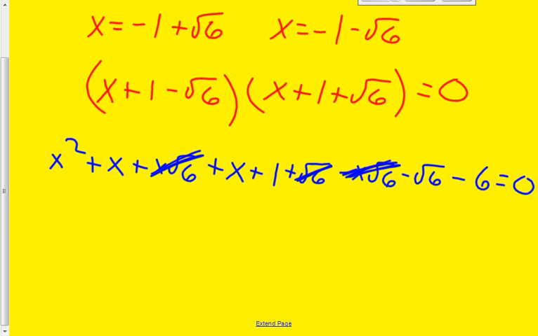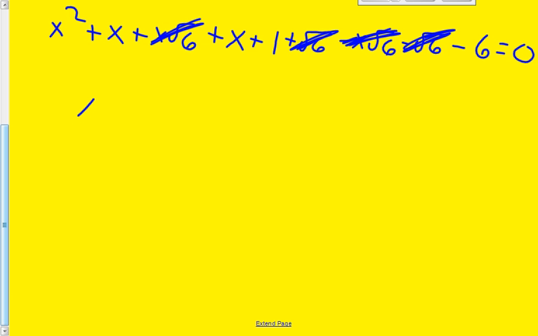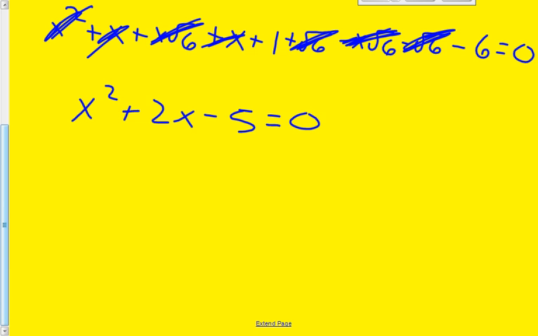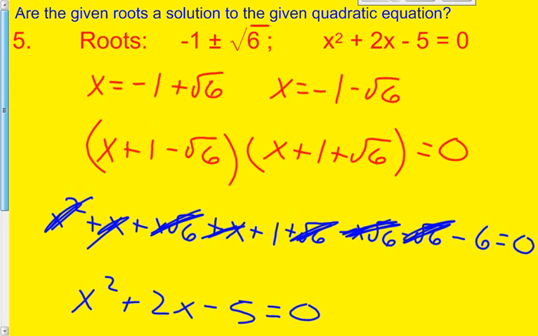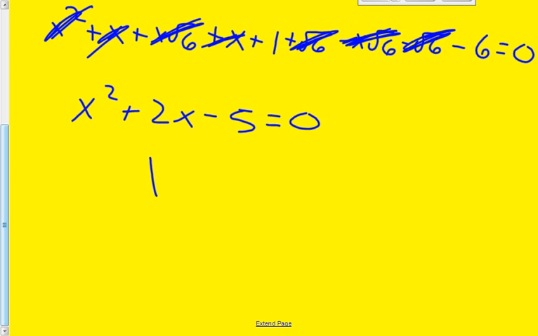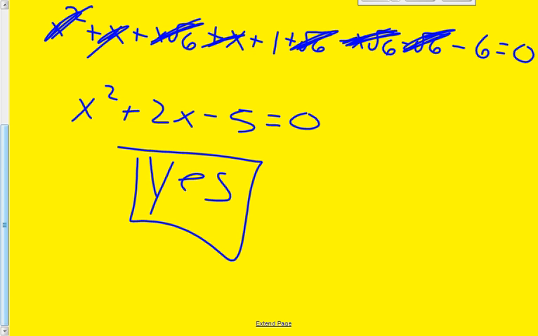A positive square root 6 and a negative square root 6, gone. So your answer, x squared plus 2x, 1 minus 6 is a negative 5. That equals 0. X squared plus 2x minus 5, x squared plus 2x minus 5. Your answer to this is yes, those roots do work for that given quadratic function. Number 5 is the answer, yes.